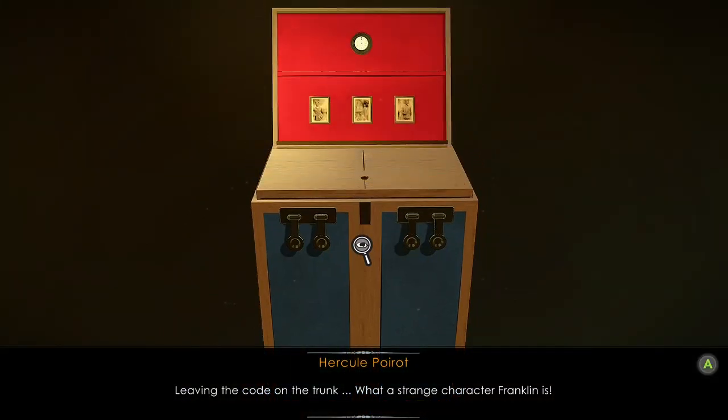Leaving the code on the trunk. What a strange character Franklin is.